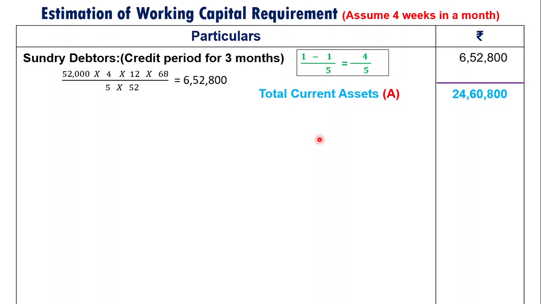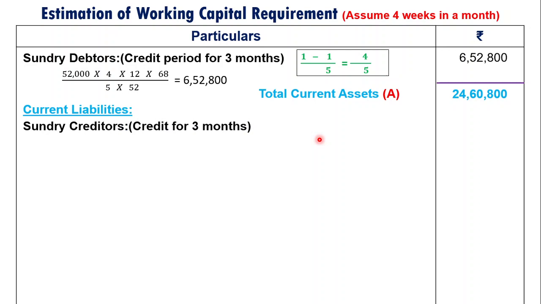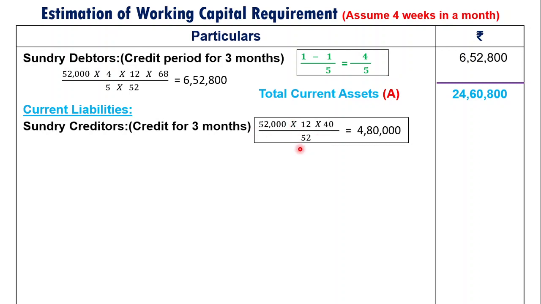Now the second part of the calculation is listing out the various current liabilities. First one is sundry creditors. The credit extended by suppliers is 3 months. That is 52,000 into 12 divided by 52 into 40. 12 in the sense 3 months is equal to 12 weeks.